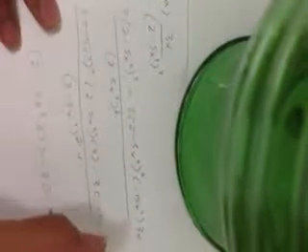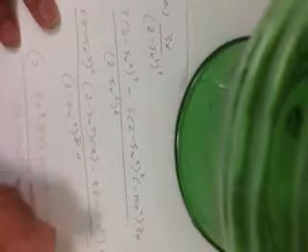So (2 minus 5x cubed) times 3 minus 3 times negative 15x squared times 3x over (2 minus 5x cubed) to the 4th.